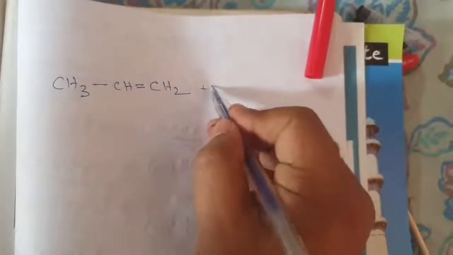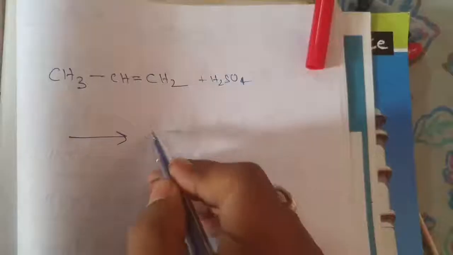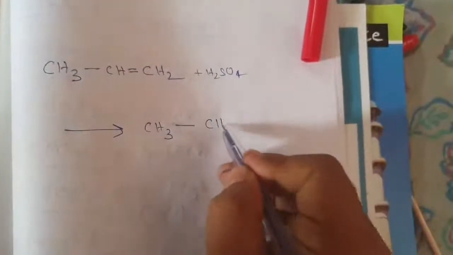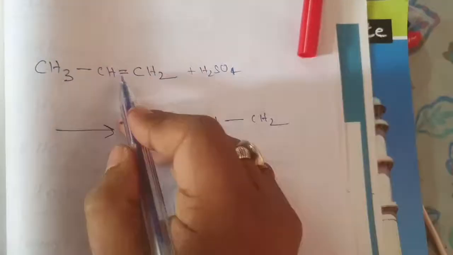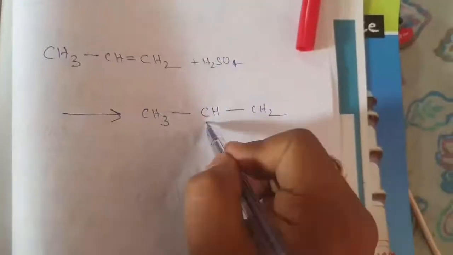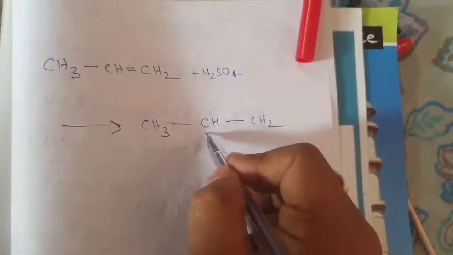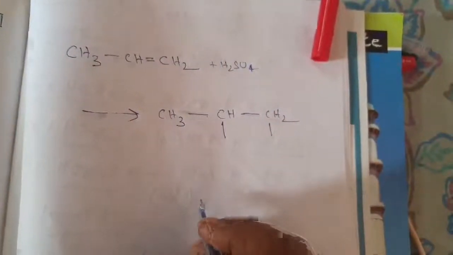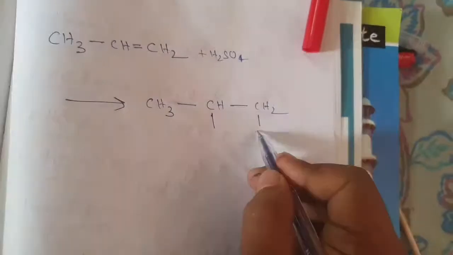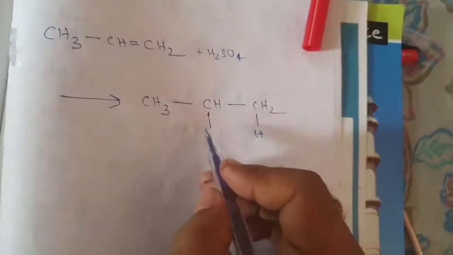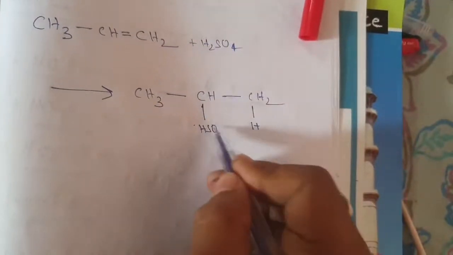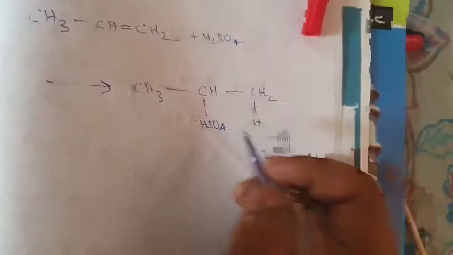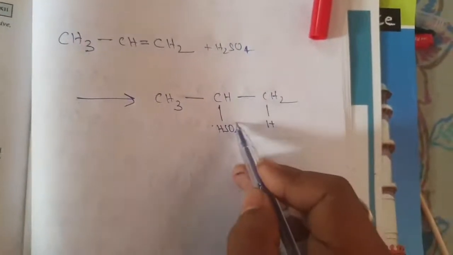If you treat it with H2SO4, then again the pi bond will break, and HSO4 and H will come.